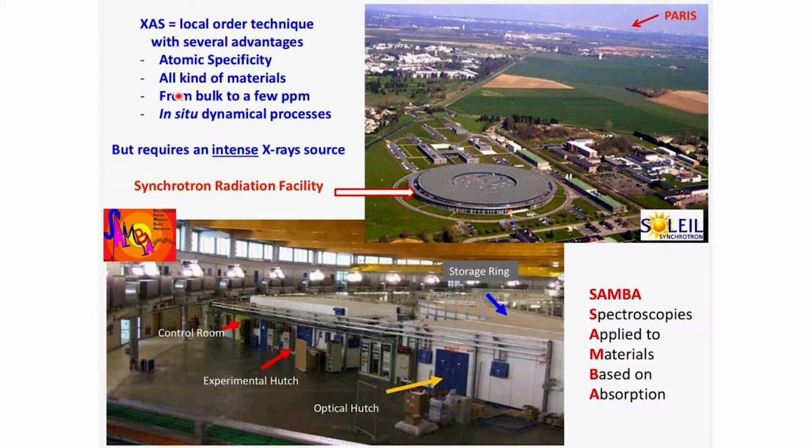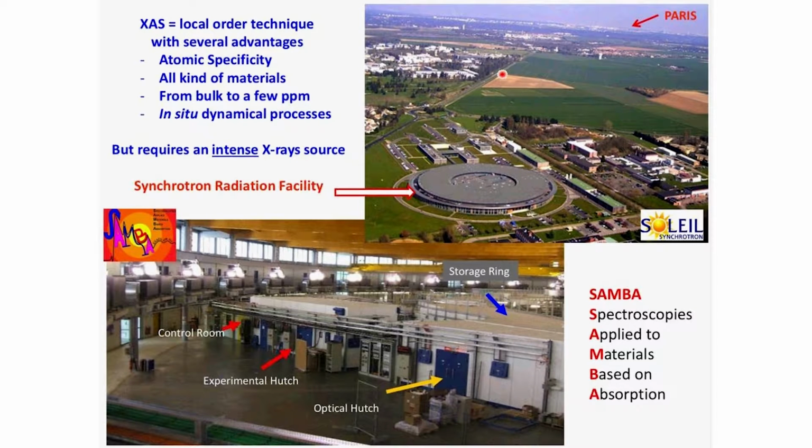The only drawback, let's say, of X-ray absorption spectroscopy is that this technique is not a laboratory technique. It requires an intense X-ray source, such as the source provided by a synchrotron radiation facility.